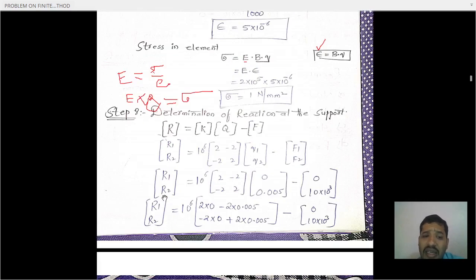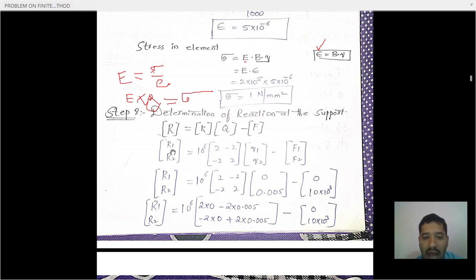After getting the stress value, you need to determine the reaction at the support. Because we have two nodes, first node and second node, we need to find how much normal reaction is acting at point 1 as well as at point 2. R, the normal reaction, equals global stiffness matrix K into nodal displacement minus nodal force vector.